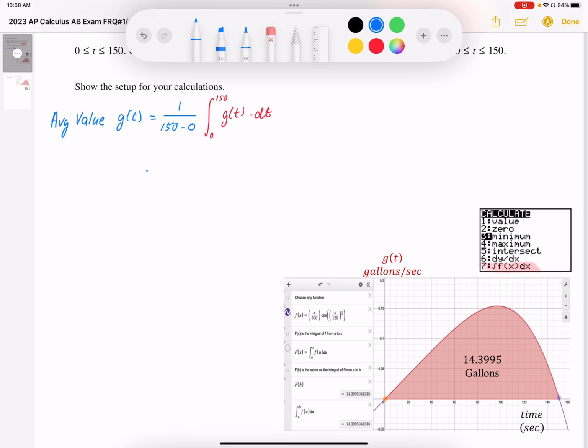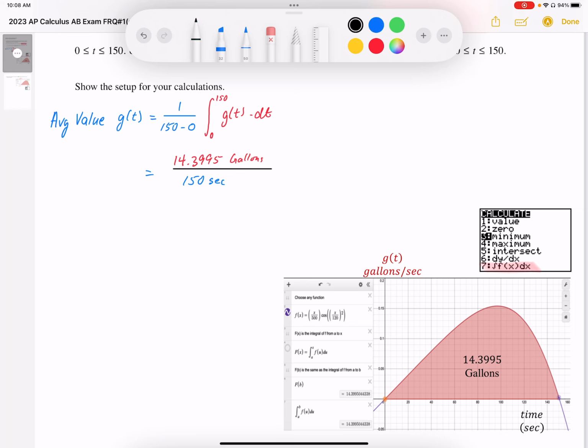The average value of g of t is going to be 14.3995 gallons over the time interval, which is 150 seconds.